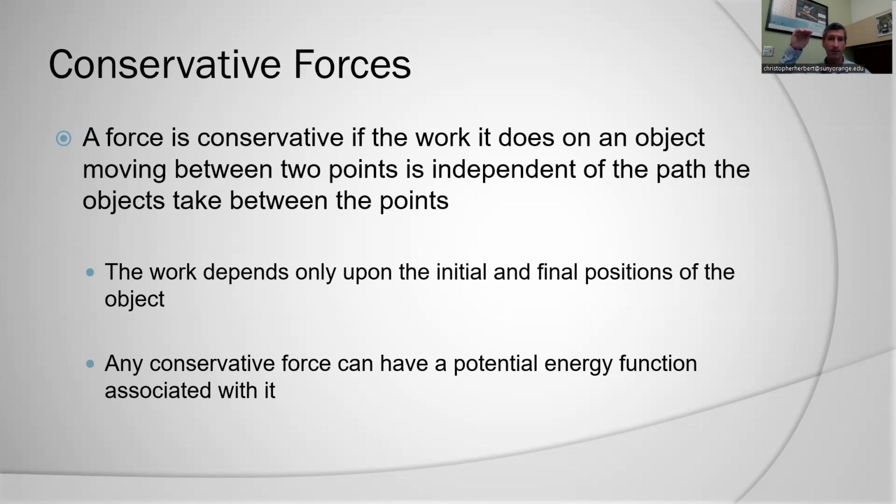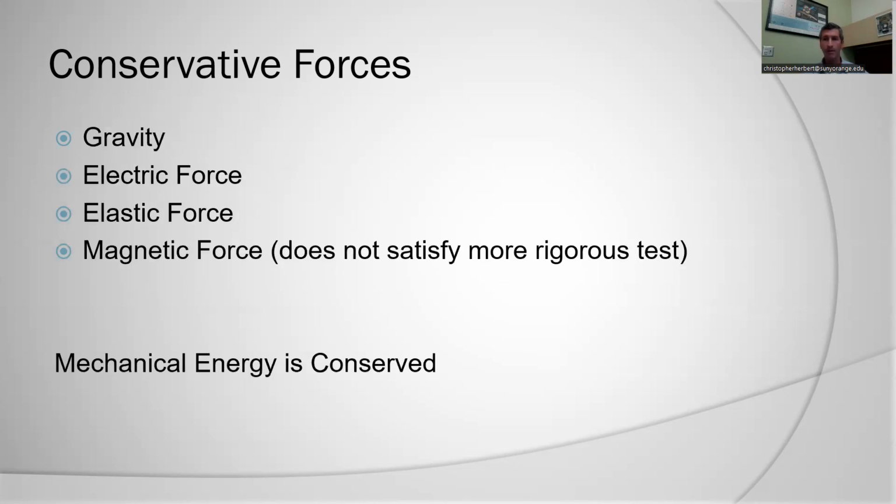The higher the altitude, the more work that gravity can do on you, and therefore we can assign potential energy to that. So any conservative force can have a potential energy function associated with it, similar to gravity, where our position determines what our energy is.